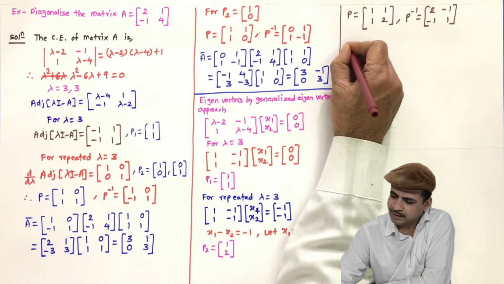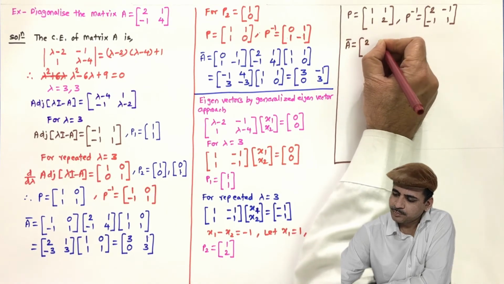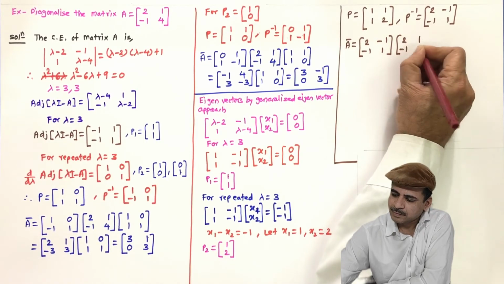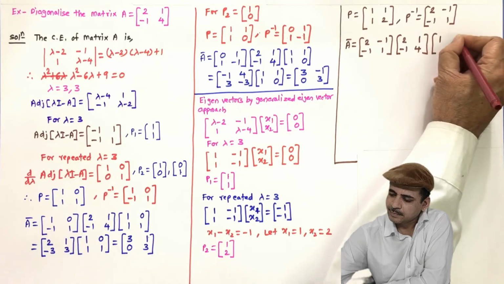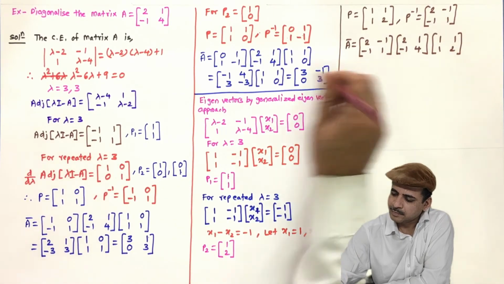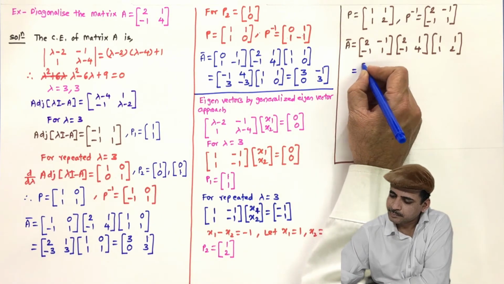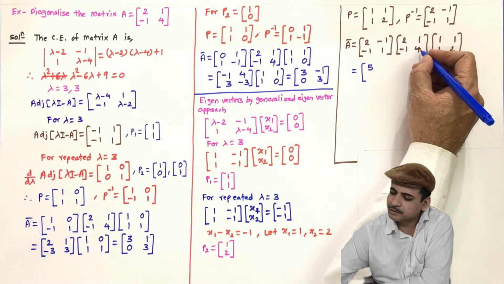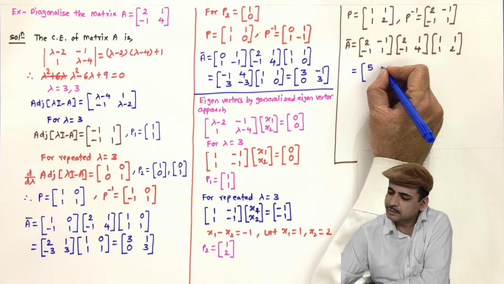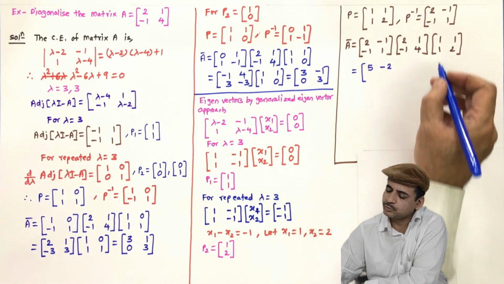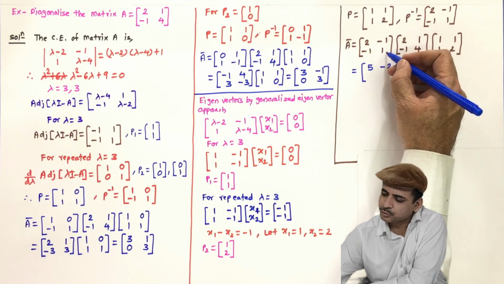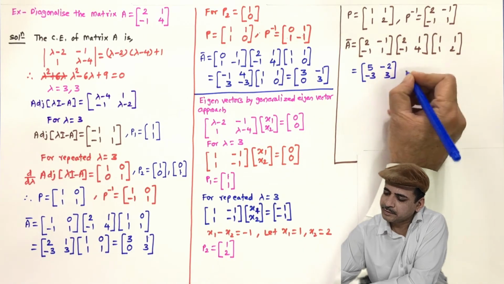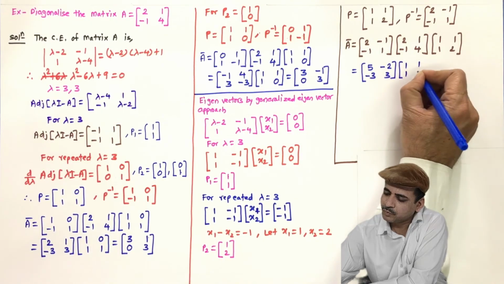And then A bar is equal to P inverse A P, and that is equal to 4 plus 1 is 5, 2 minus 4 is minus 2, minus 2 minus 1 is minus 3, minus 1 plus 4 is 3, into 1 1 1 2.